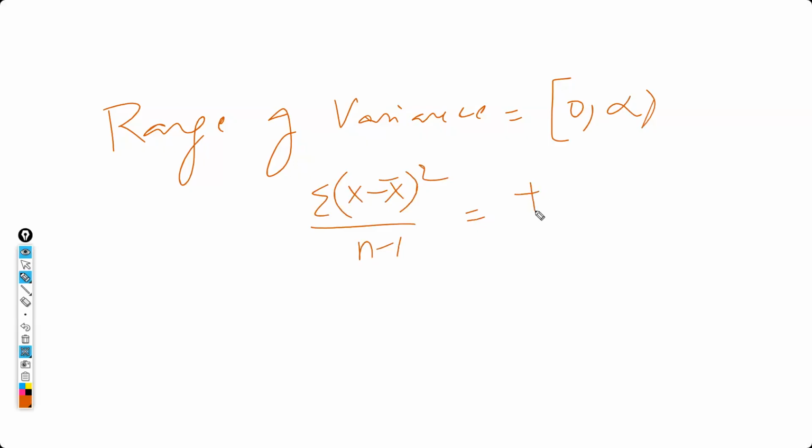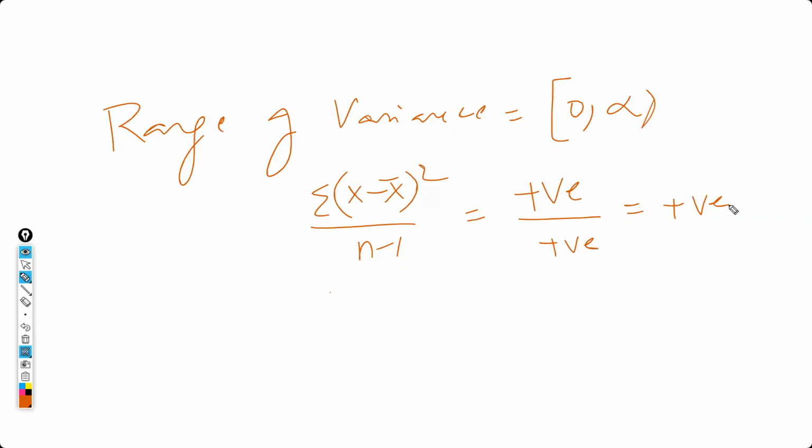The numerator can never be negative, and the denominator also can never be negative because count is always positive only. So automatically this is going to be a positive number. Obviously the variance range is 0 to infinity.